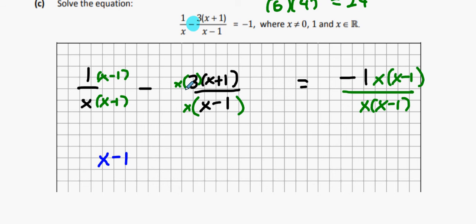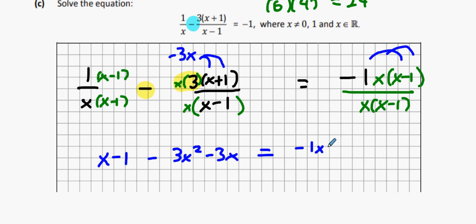Now here's the tricky part. What you see, if I combine the 3 of these together, what do you get? I get minus 3x. What's minus 3x times x plus 1? Minus, yeah. And over this side, minus 1x squared plus 1x, right?